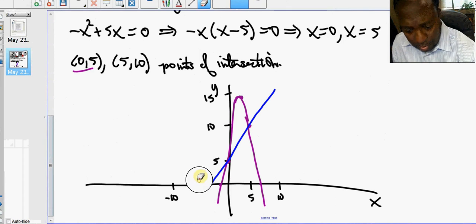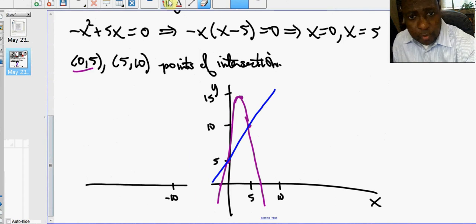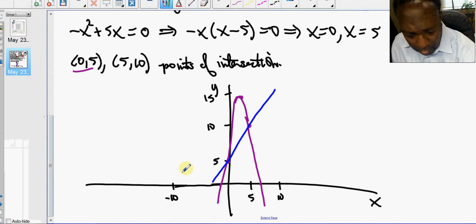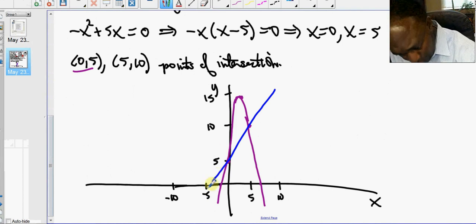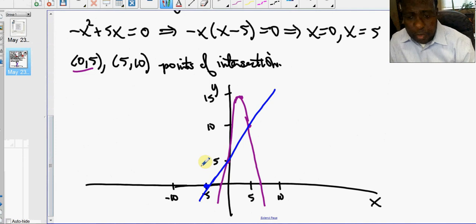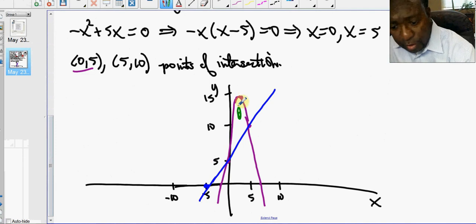It's not good. Blue. So you get that. Now the region that's bounded is this region in here.